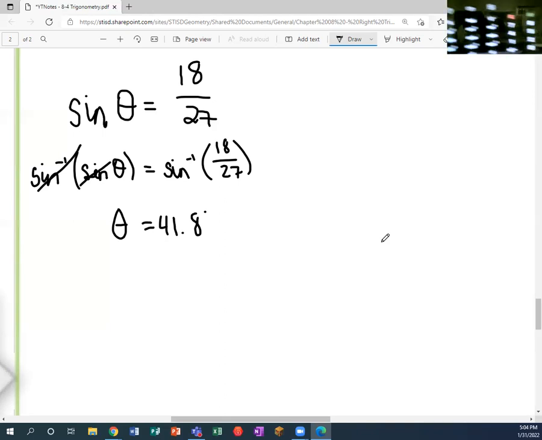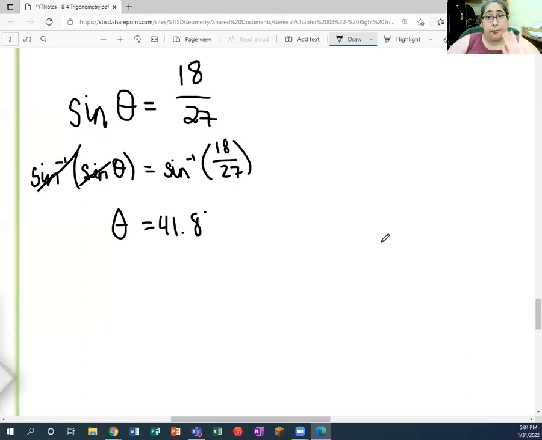I'm going to put this really close to my webcam, and I'm sorry that it's super blurry. Hopefully you can see it. At least on the Android for me, it doesn't type out sine inverse, like sine with the -1. It types a sine, which is the calculator saying arc sine, which is the same as inverse sine, which is the same as sine inverse.